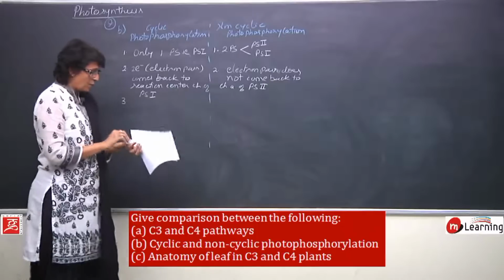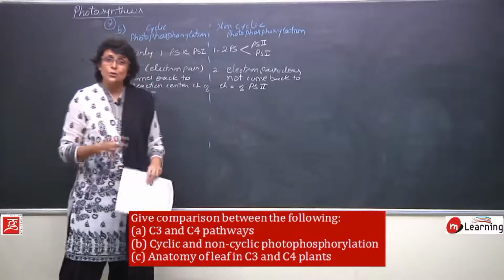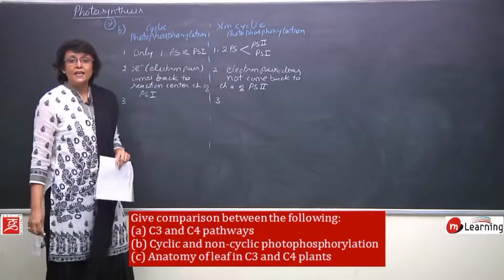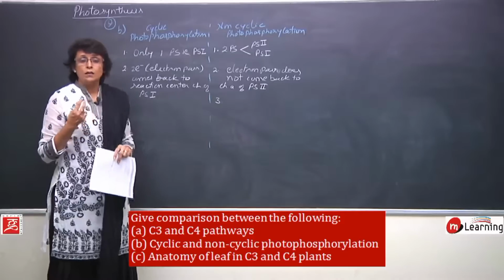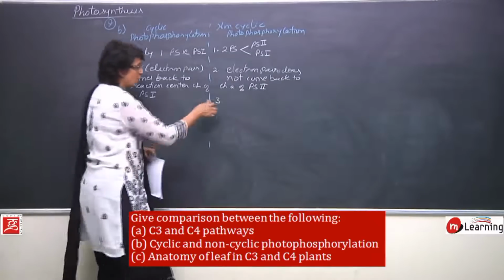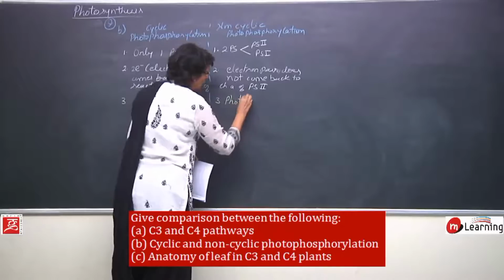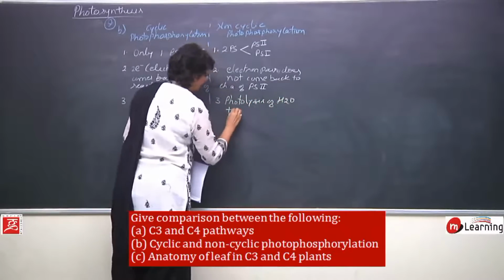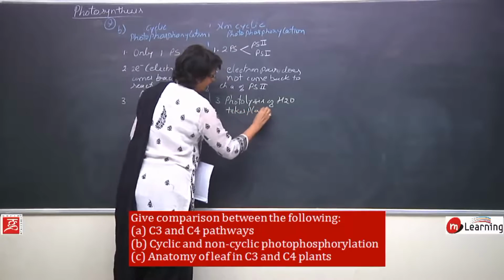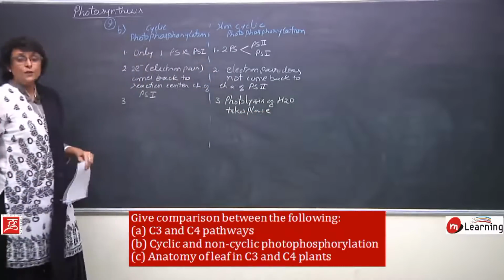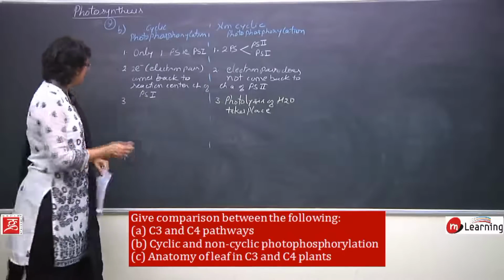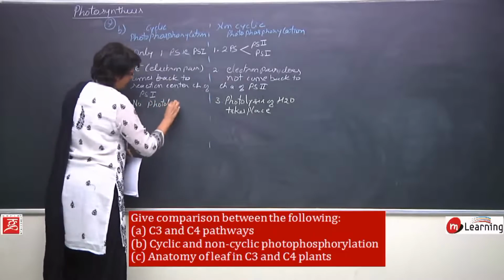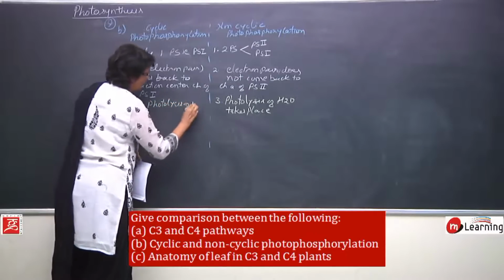How is this electron given back to the reaction center chlorophyll in this case? In case of non-cyclic, this electron is released by photolysis of water. So, in this case, photolysis of water takes place. And in case of cyclic, because the electron is coming back, there is no photolysis of water.